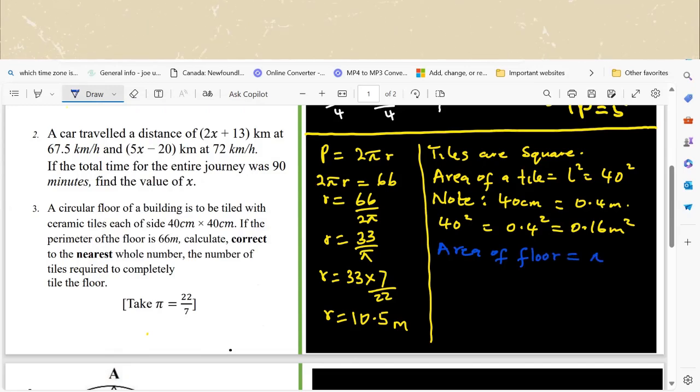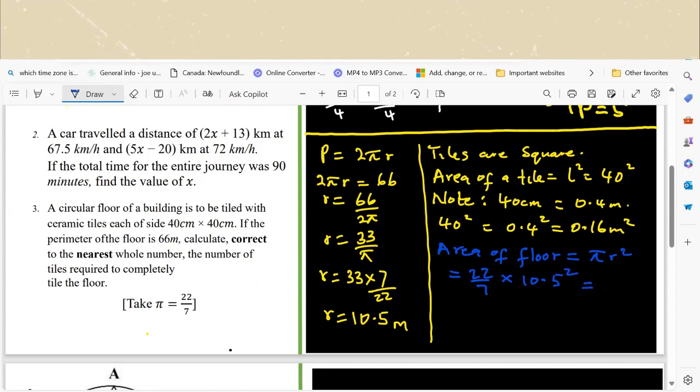Area of floor is pi r squared, it's a circular floor. That's 22/7 times 10.5 squared.